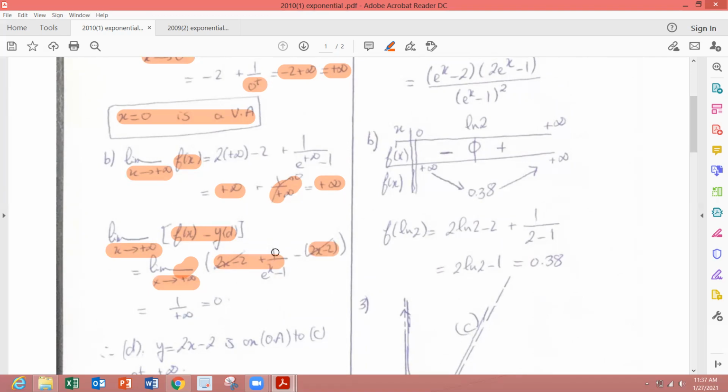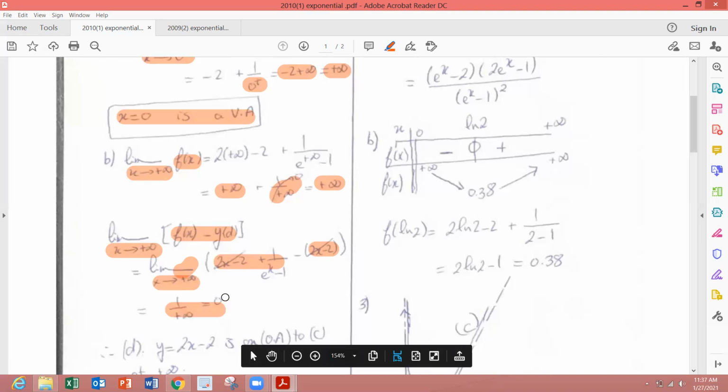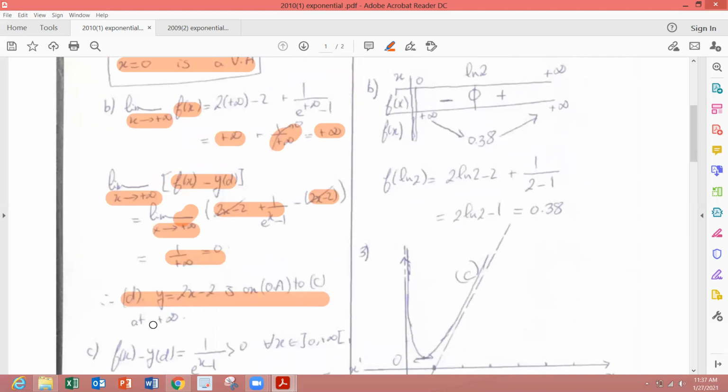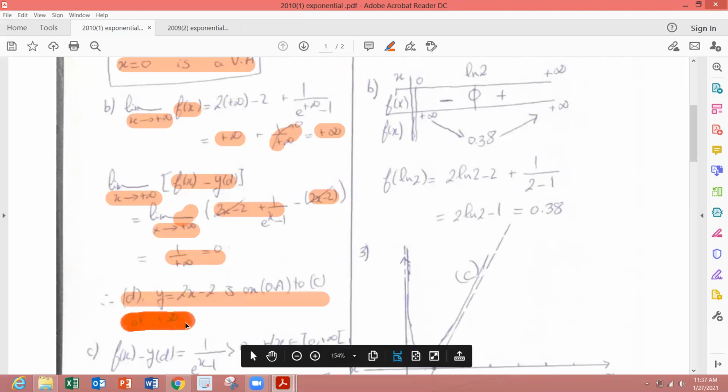So replacing x by infinity, 1 over e to the infinity is 1 over infinity, equal to 0. Then we say the line D, y equals 2x minus 2, is an oblique asymptote to C at plus infinity.